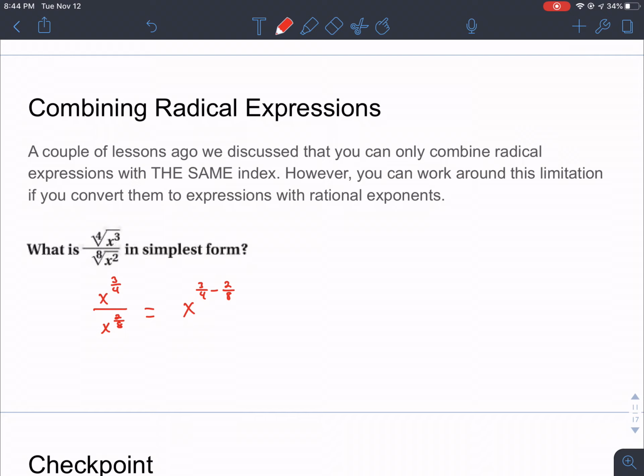As long as the bases are the same, we can subtract these normally. 3/4 minus 2/8, if we get a common denominator, gives us x to the 6/8 minus 2/8, which gives us x to the 4/8, which is equal to x to the 1/2. If we convert this back into square root form, we end up with the square root of x.